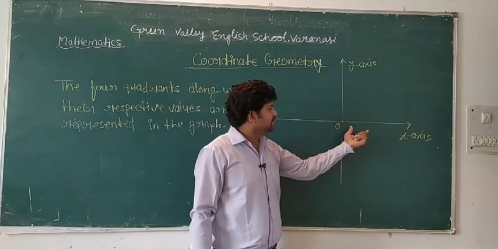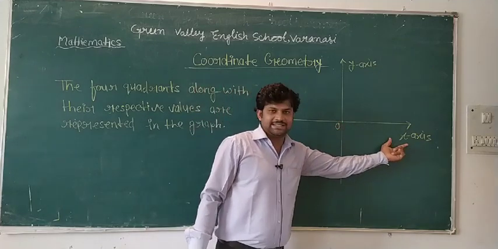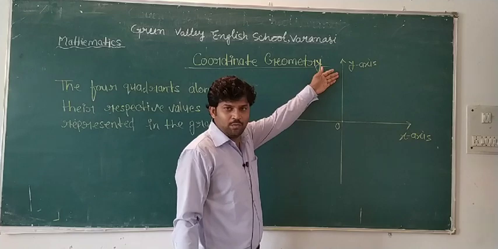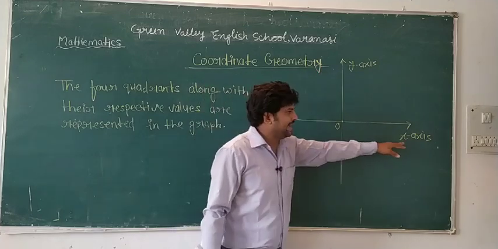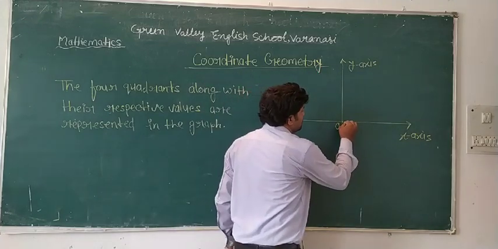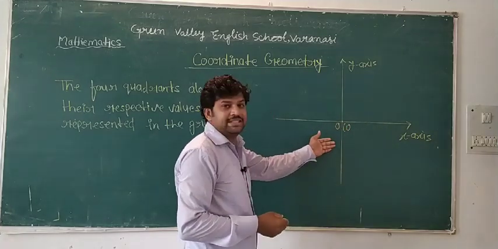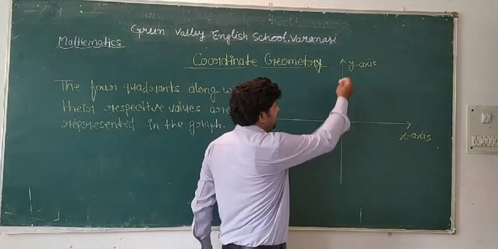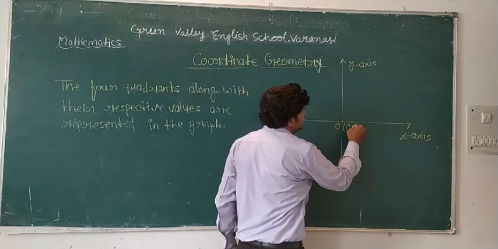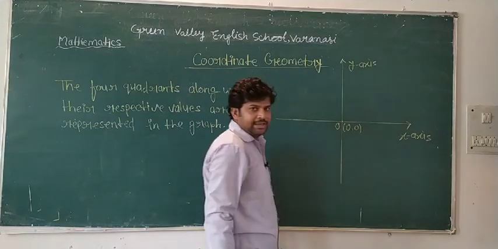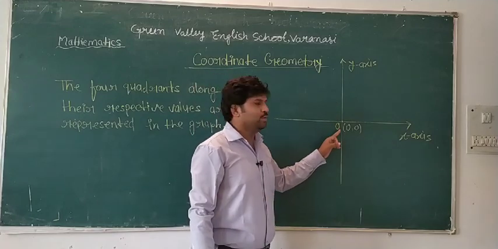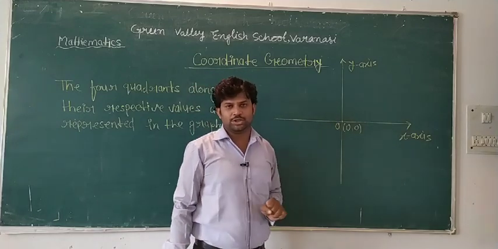The distance from the x axis is 0 because both perpendicular lines intersect, and the distance from the y axis is 0. It means the coordinate of the origin is 0 and 0.